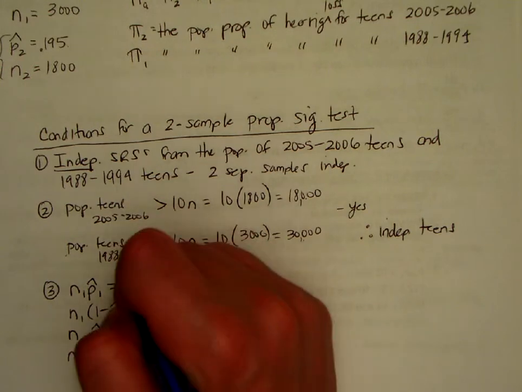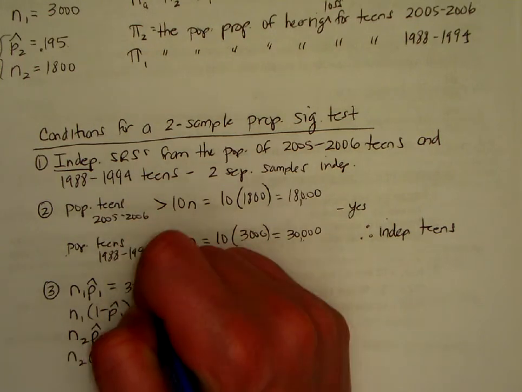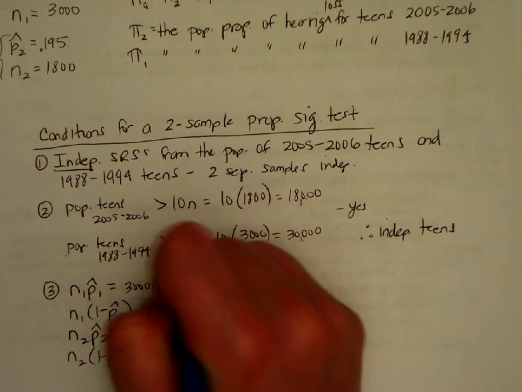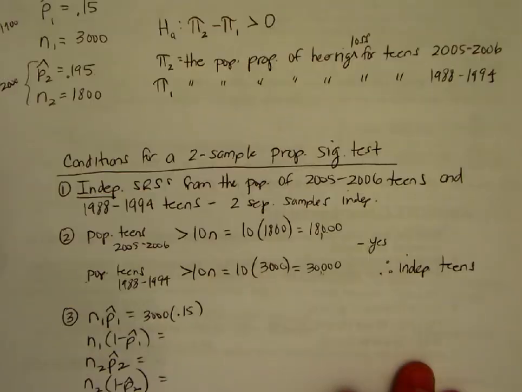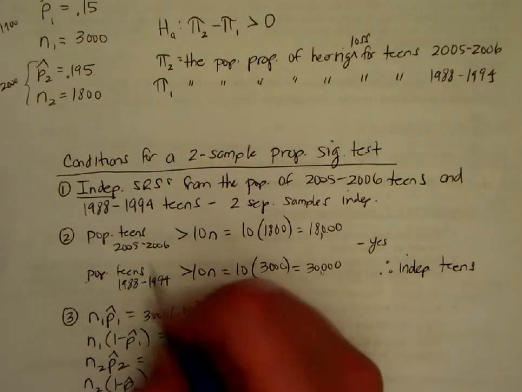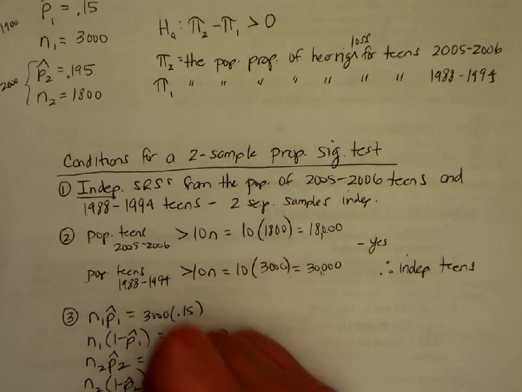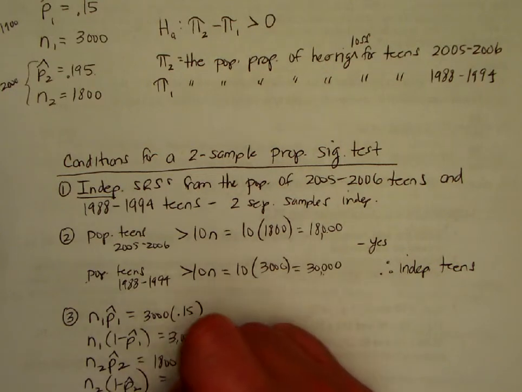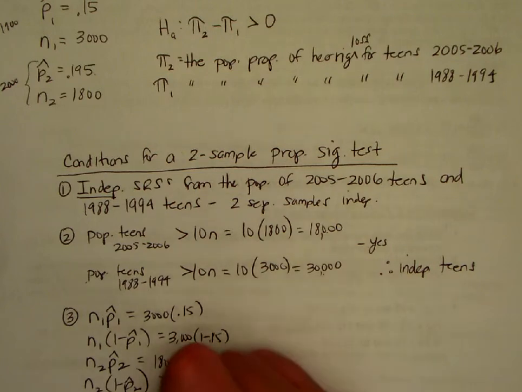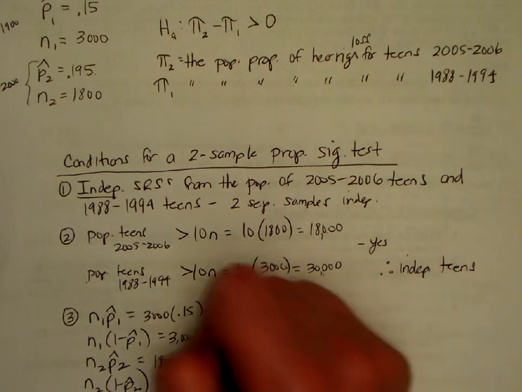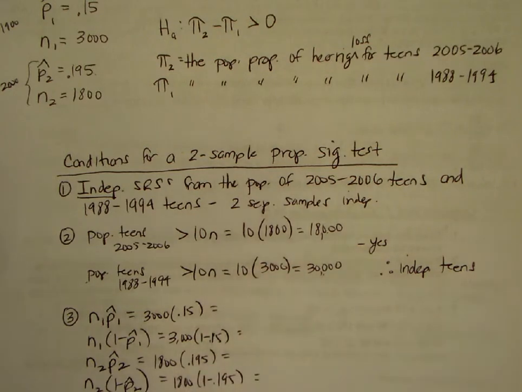What do we got? 3,000 times 0.15. It's coming from up there. 3,000 times 1 minus 0.15. What do we got here? 1,800 times 0.195. And 1,800 times 1 minus 0.195. Doing everything twice.